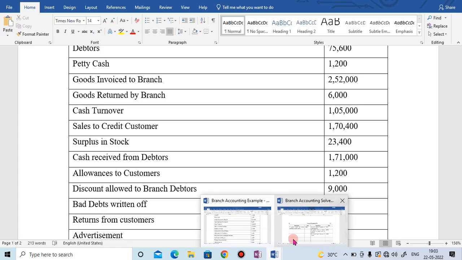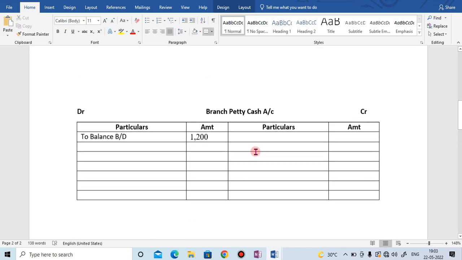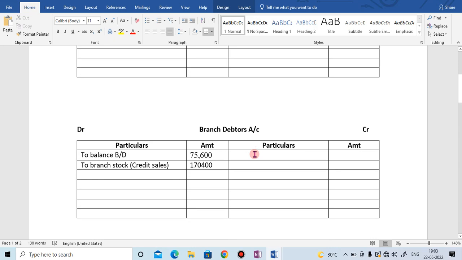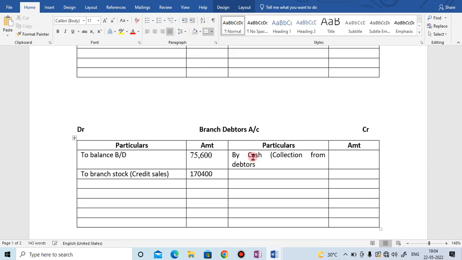It will come in branch debtors account, by cash, reason collection from debtors 1,71,000. Okay.